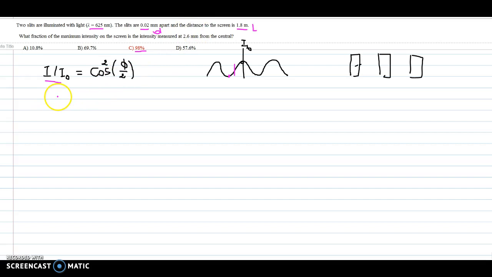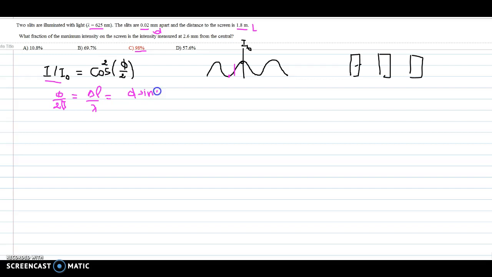So the starting point is this: any phase difference over 2 pi is the same as the path difference delta L over lambda. This is the beginning of the story. So now from here, what is this delta L? For two slits, we evaluate it to be D sine theta.